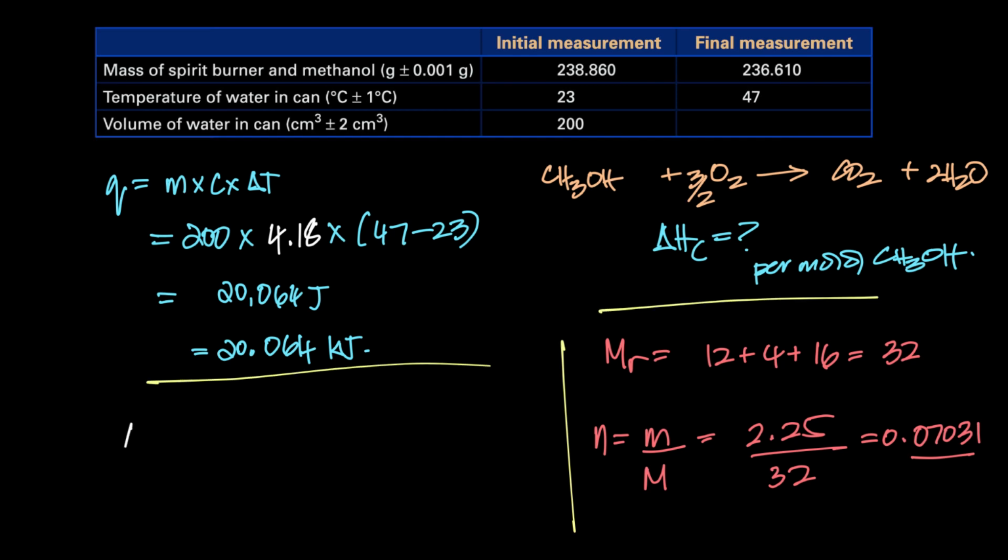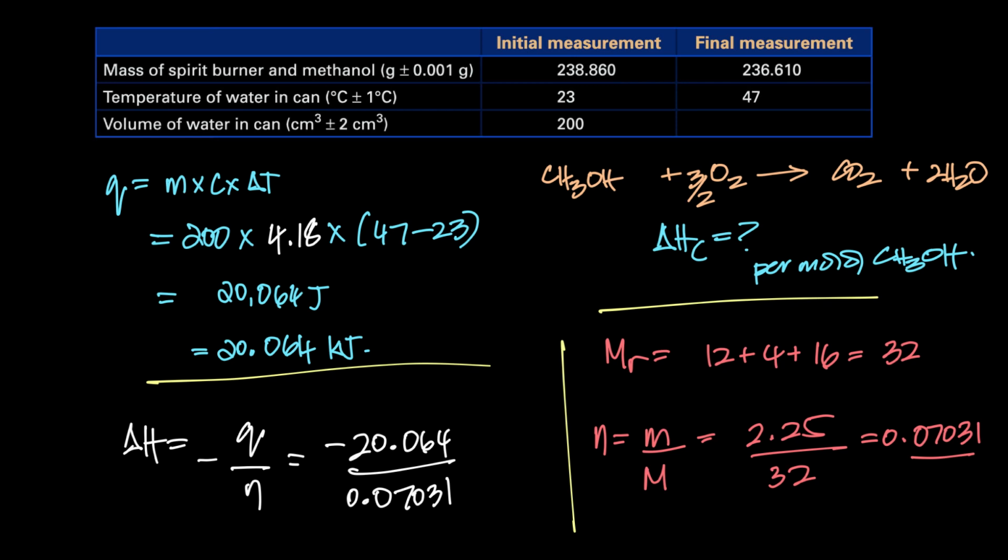So I've got the moles and I've got the heat. What I need now is delta H. Again, the formula is heat over number of moles. And since the temperature rose and all combustion is exothermic, this is minus. So minus 20.064 over 0.07031.